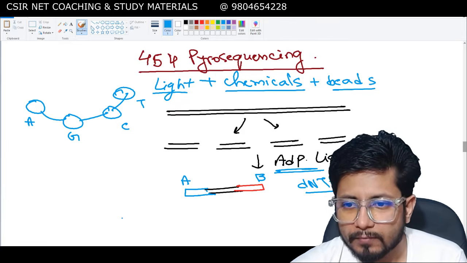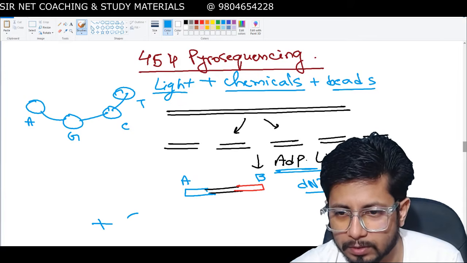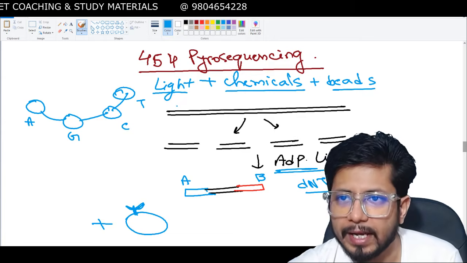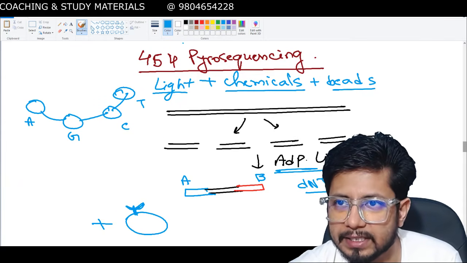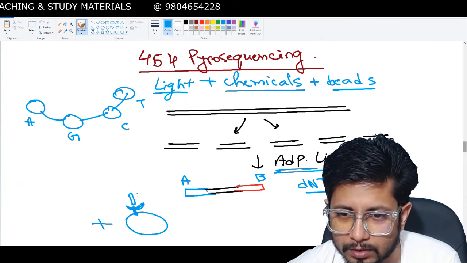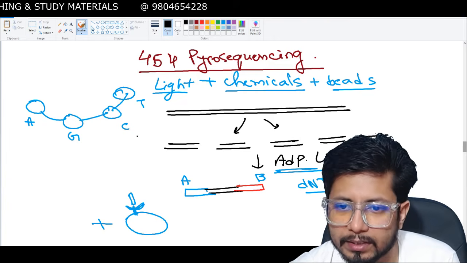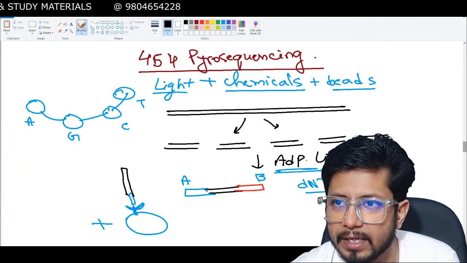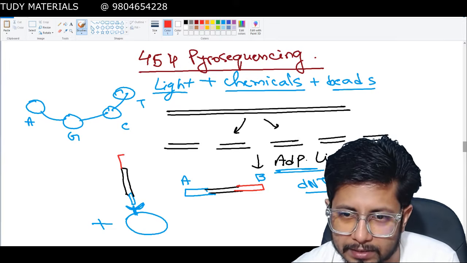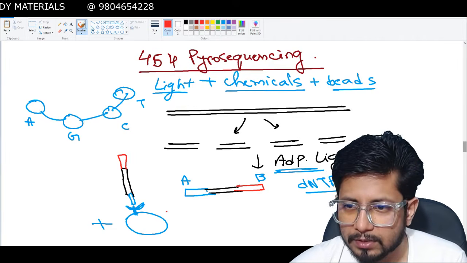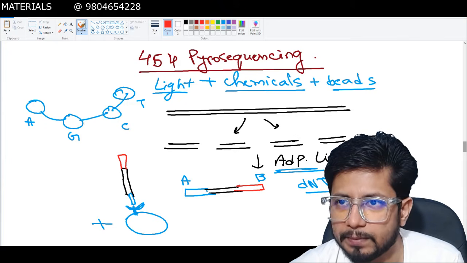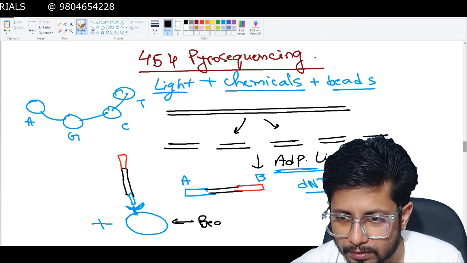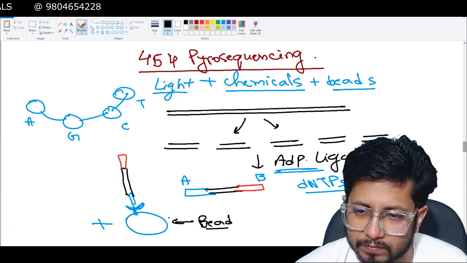So the bead that we are going to talk about, the bead is a place where, with the help of the adapter, let's draw the blue color adapter here, and this is our target DNA in black. And the red other adapter is placed here like this. So this is the bead. Streptavidin is an example of the bead.